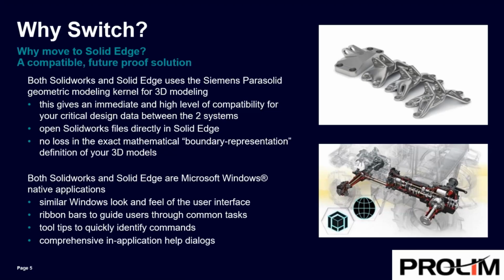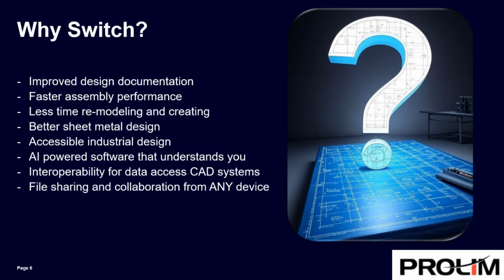Both SolidWorks and Solid Edge are Microsoft Windows native applications, so they have a similar look and feel between the two user interfaces: ribbon bars to guide users through common tasks, tooltips to quickly identify commands, and comprehensive in-application help dialogues. These are all things that help us move and transition between the two.